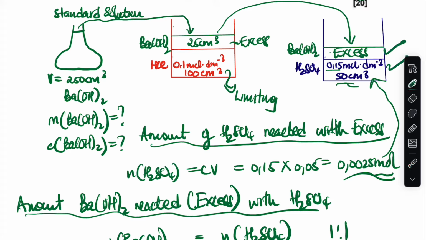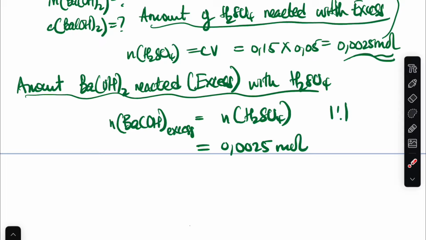Now, having that excess, I'm going to go back and calculate the amount of this. Remember, this HCl was the limiting reagent, so this whole amount of the HCl was used up. So now I'm going to calculate this amount so that it can help me get the amount that reacted there. And with the amount that reacted, I know what is left is this amount that I just calculated.